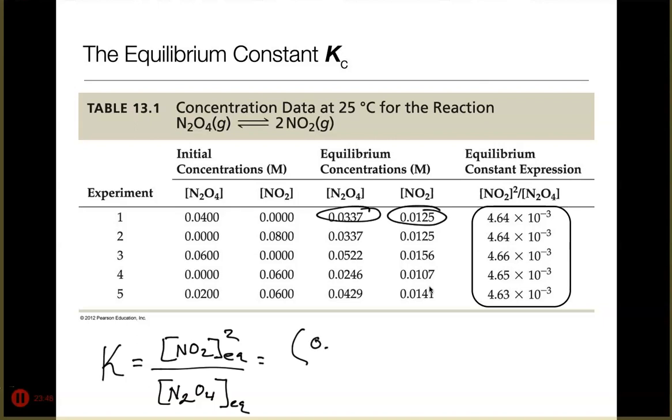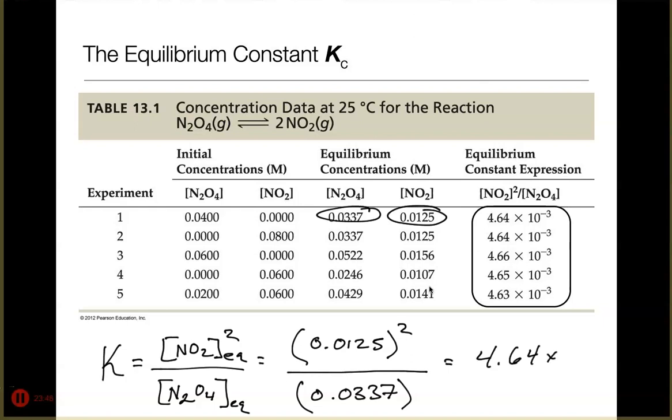NO2 is 0.0125, and that will be squared, divided by N2O4 at equilibrium, which is 0.0337. I do that out, so I get 0.0125 squared divided by 0.0337, which is 4.64 times 10 to the negative third. It's exactly what you see up there.